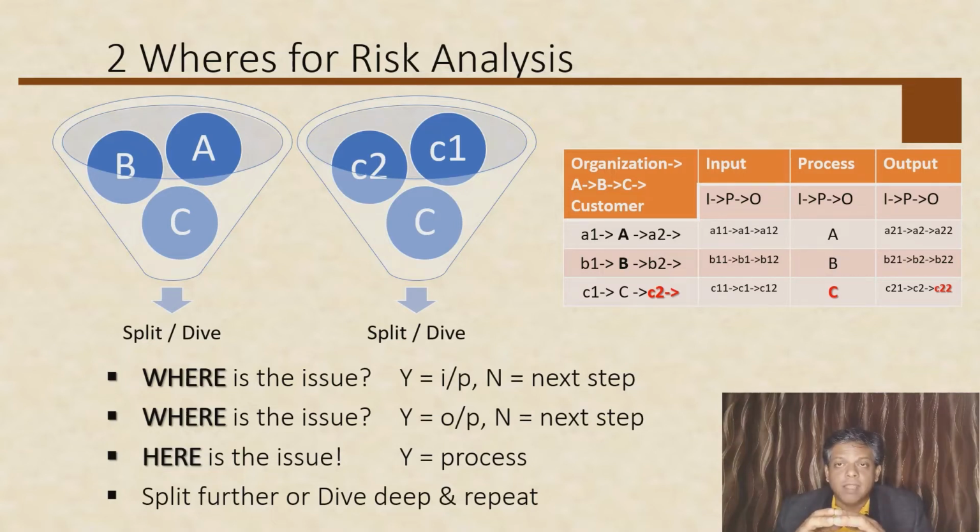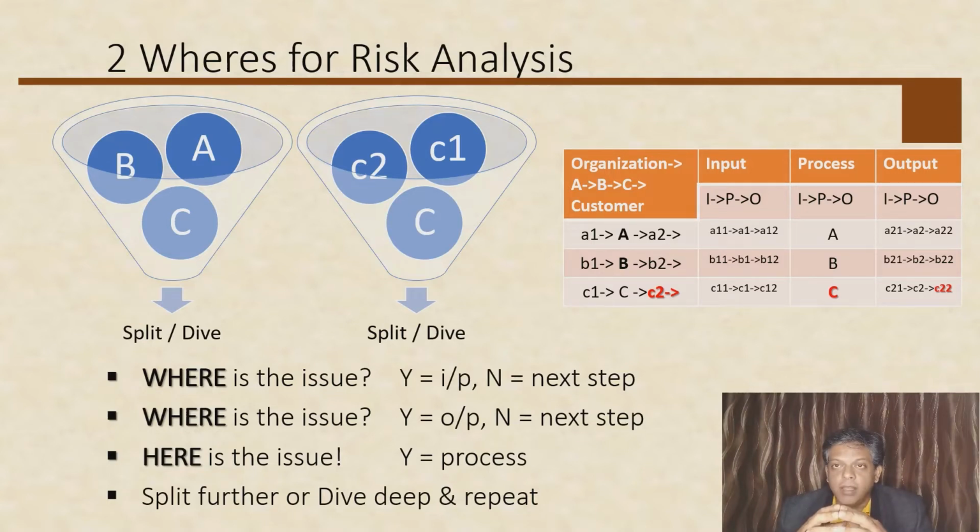So let us oversimplify it and say that your organization has 3 basic processes: process A, process B and process C, in a sequential manner. So the organization carries out these 3 processes and delivers the product or goods or services to the consumer.